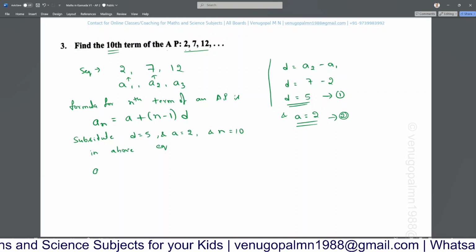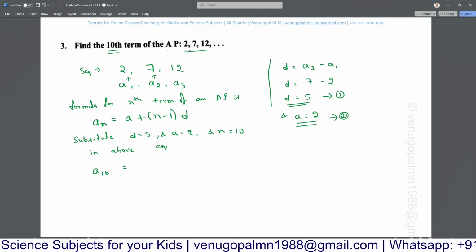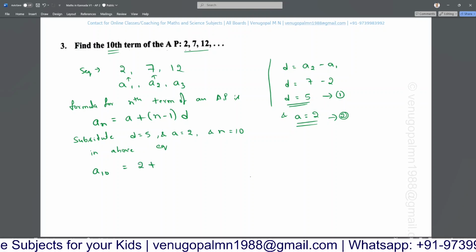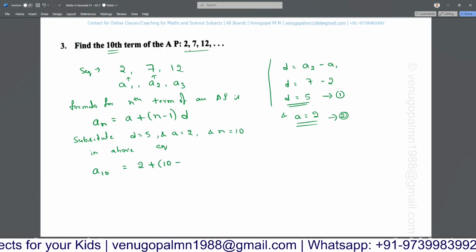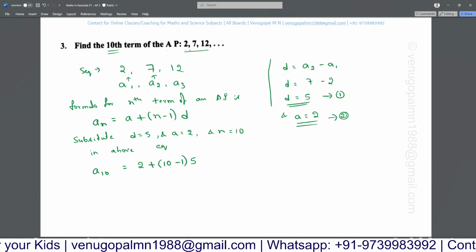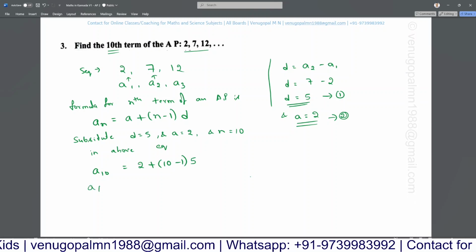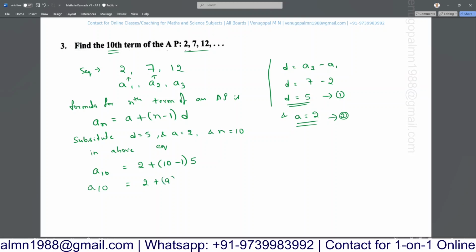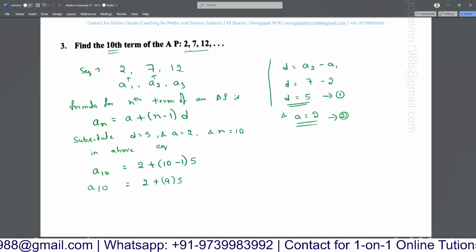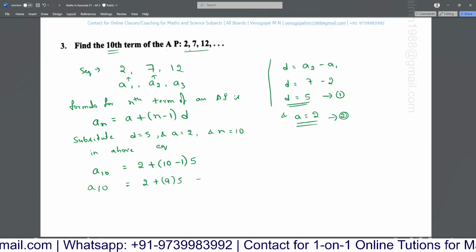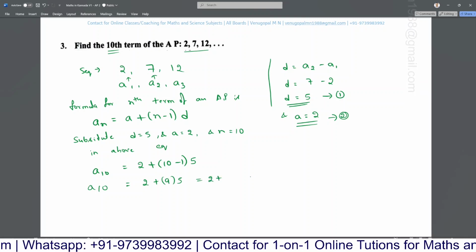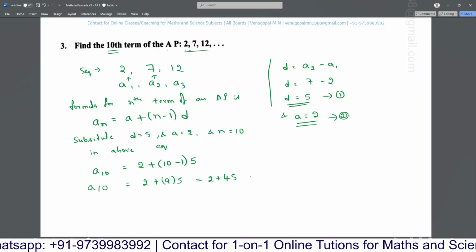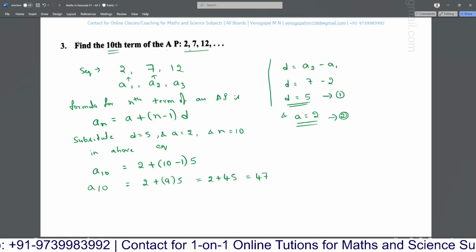So then A of 10 is equal to A, which is 2, plus n, which is 10, minus 1, into D, which is 5. So A of 10 is equal to 2 plus 9 into 5. 9 fives are 45, so 2 plus 45 would be 47.